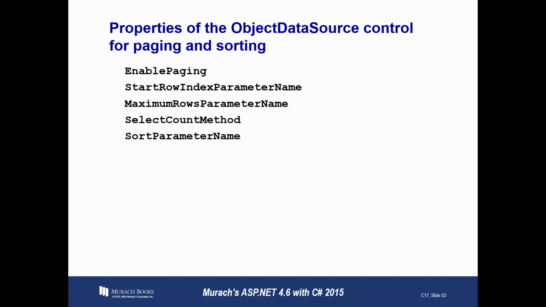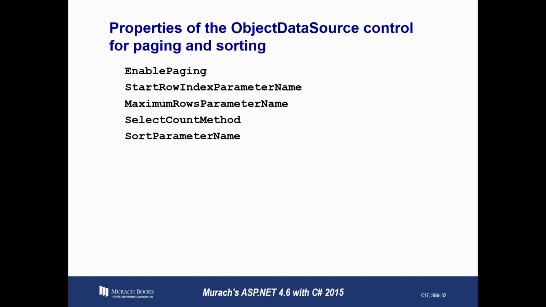The start row index parameter name is the name of the parameter in the select method of the data access class that retrieves the index of the first row to be retrieved. The maximum rows parameter name is the name of the parameter in the select method that receives the maximum number of rows to be retrieved. And the select count method is the name of the public method in the data access class that returns the total number of rows that are retrieved.